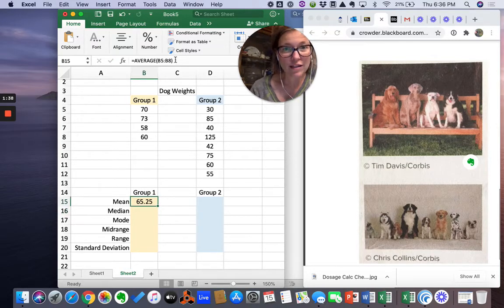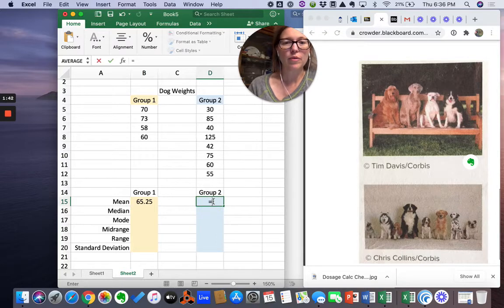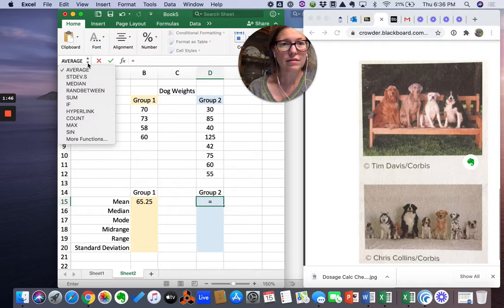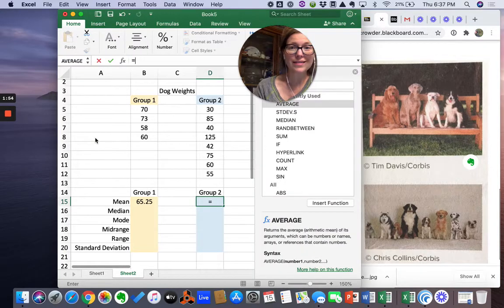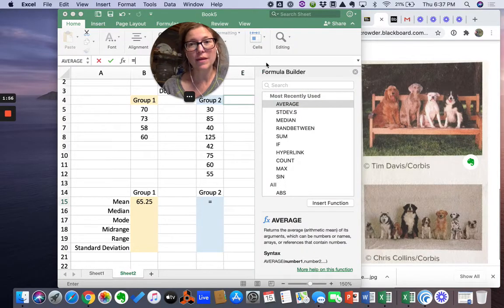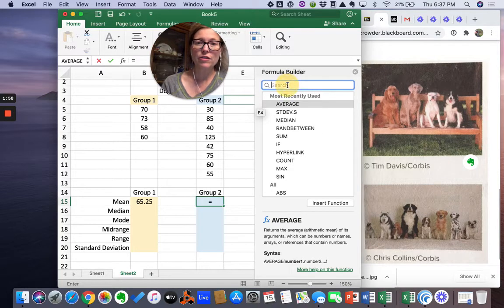Another way to do it, let's do it for group 2. I'd press equal, and over here I've got some recent ones that I've done, average being right at the top. If it wasn't at the top, I could search average.